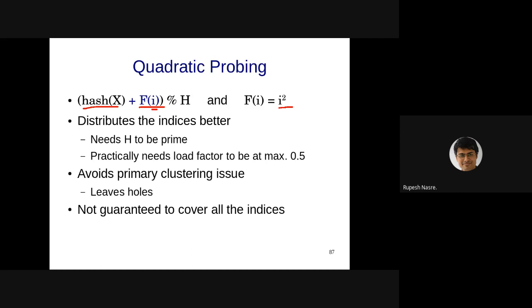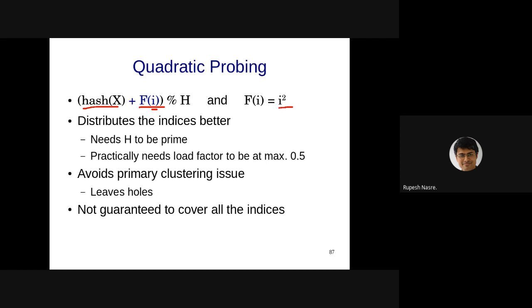So when I am accessing hash of x, that is going to give some value. Now, after that, I am going to look for hash of x plus 1, which is the next value, then hash of x plus 4, then plus 9, plus 16, plus 25, and so on. And then it is going to wrap around and come back to, let's say, index equal to 5 or something like that, and then index equal to maybe 41, something like that.